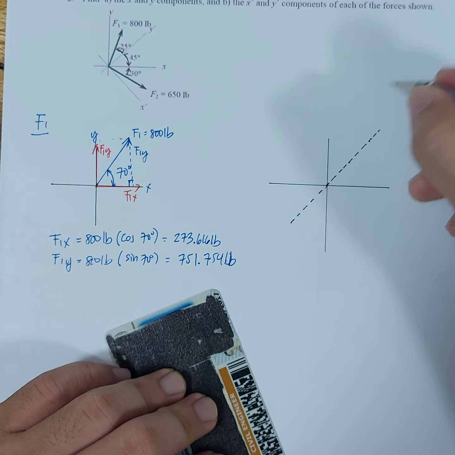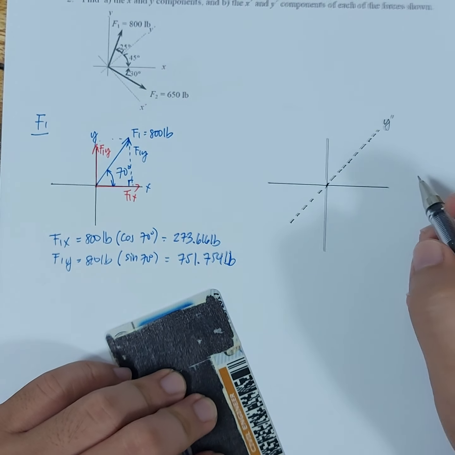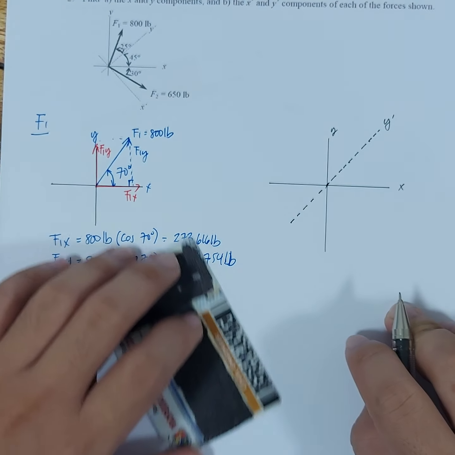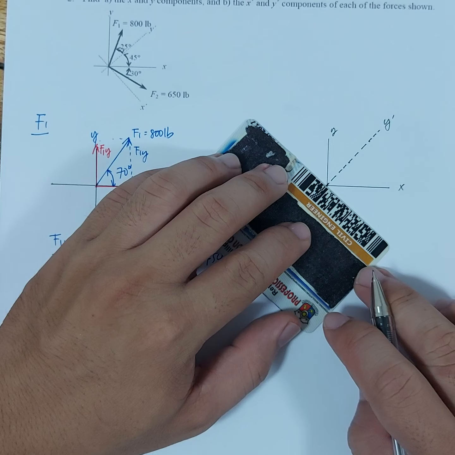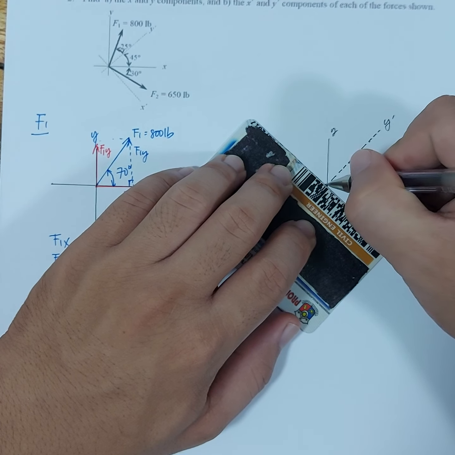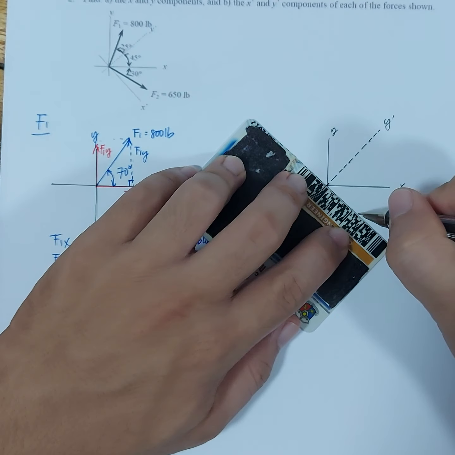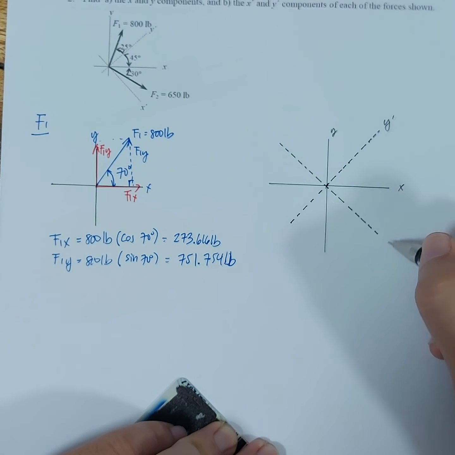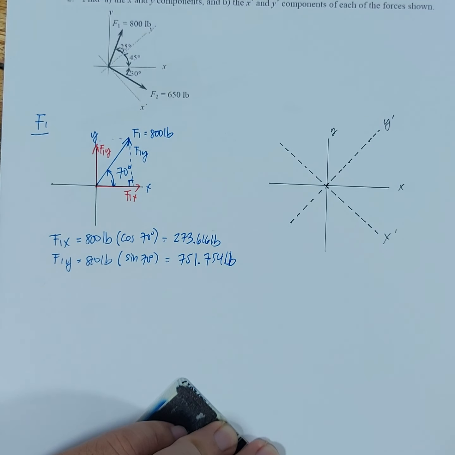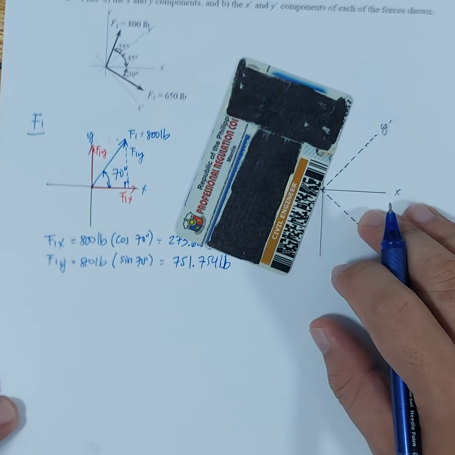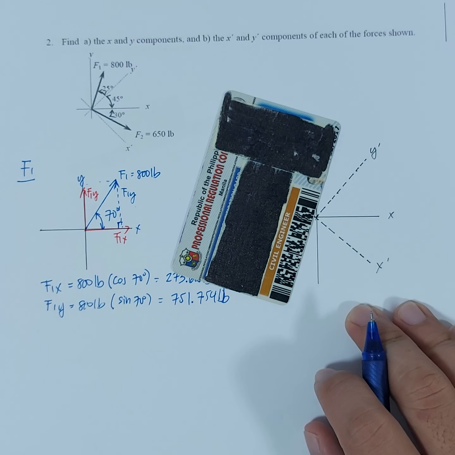So this is the y prime axis. This is x, this is y, and the x prime is also rotated. So may rotation yung axis natin. Perpendicular pa rin, of course. So the axes are perpendicular, and where is our force? Nandito yung force natin.